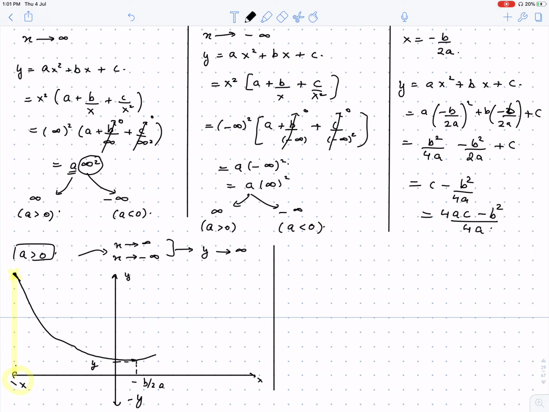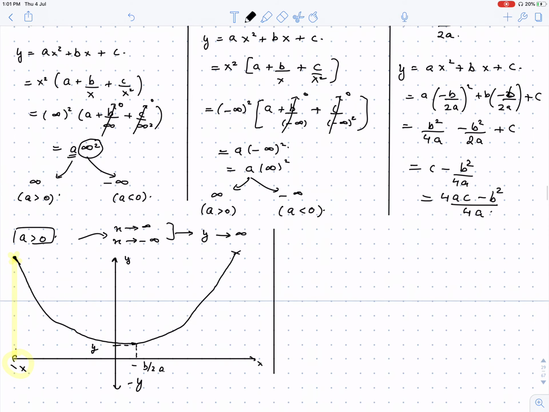And then you start increasing, increasing, increasing, and then the graph ends at infinity. This is how the graph is formed. This case occurs when y is equal to ax square plus bx plus c, where a is greater than 0. And this case is called an upward parabola.